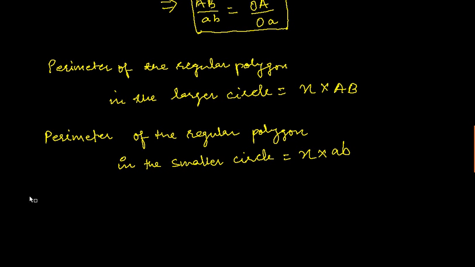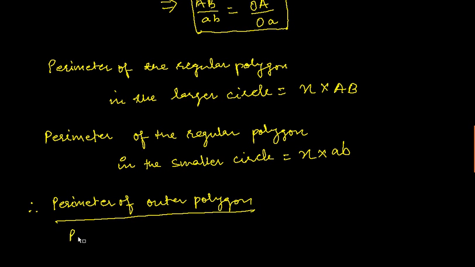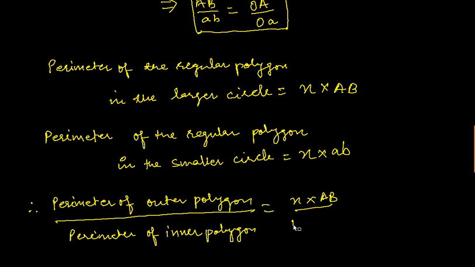Okay, so therefore we have the perimeter of the outer polygon to the perimeter of the inner polygon. What is this? This is equal to n times capital A capital B upon n times small a small b. This is AB upon small ab, and from this equation this is the same as OA upon Oa.